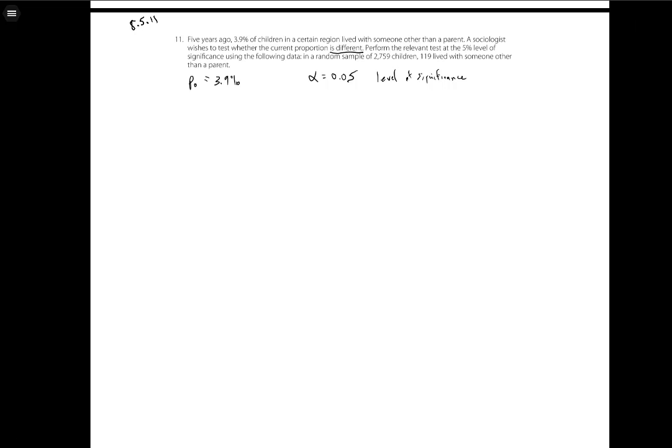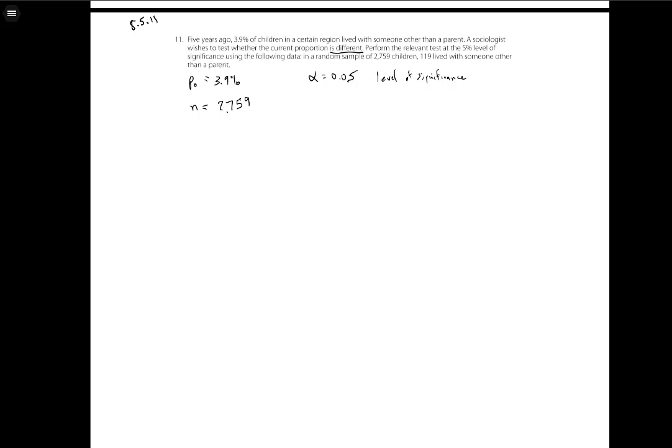So we have data from a random sample. The data for this sample is 2,759 children, and 119 live with someone other than a parent.